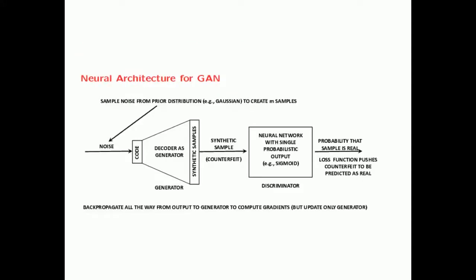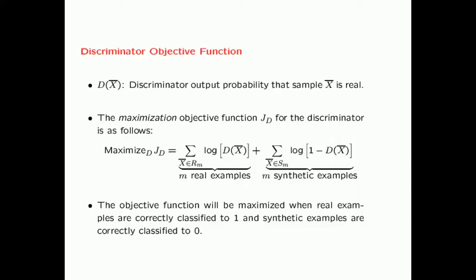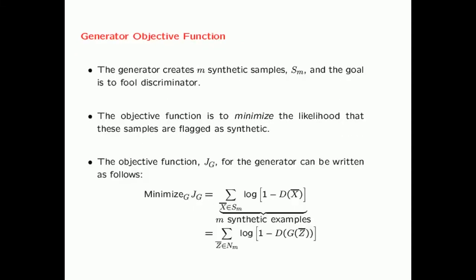So the discriminator parameters have a maximization objective, whereas the generator parameters have a minimization objective. Of course, these objectives look a little bit different, because in the discriminator you are summing up over the real and the synthetic examples, and in the case of the generator you are doing this only over the synthetic examples.